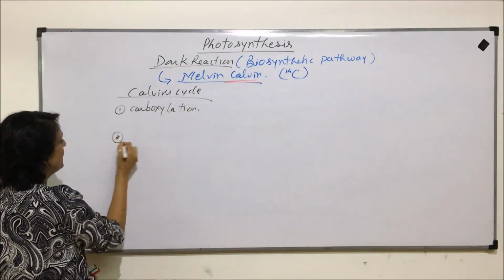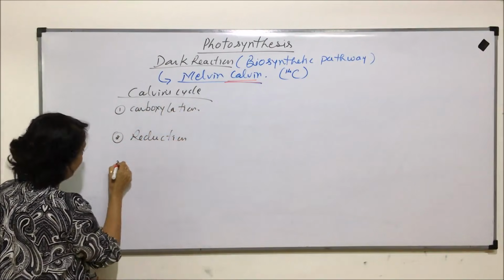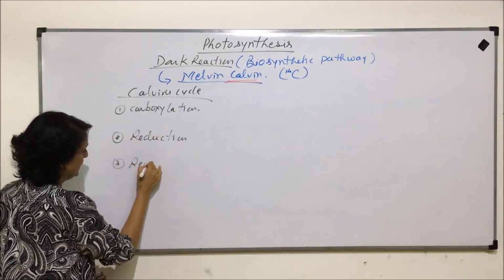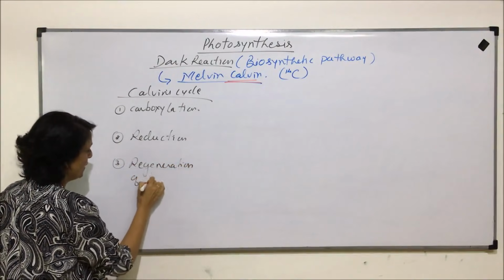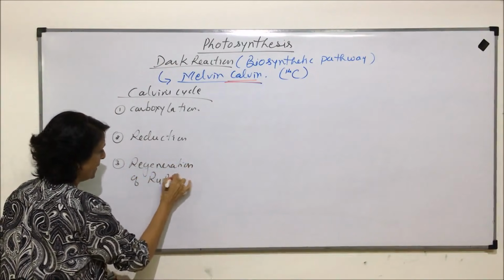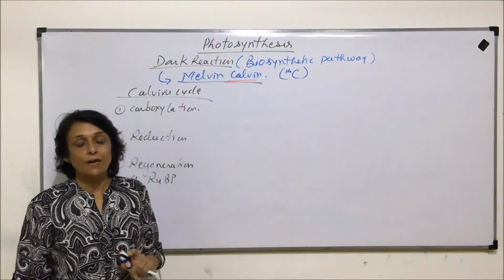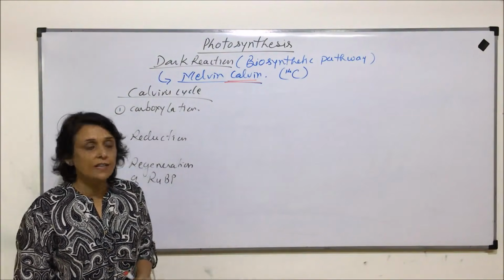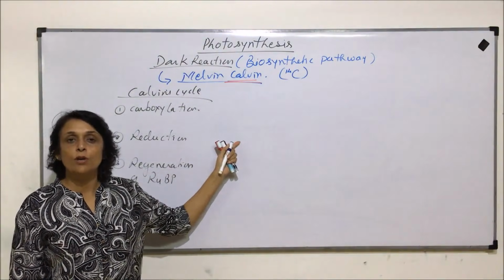The second step is reduction. And third step is regeneration of RUBP.